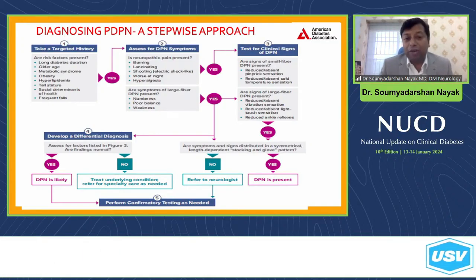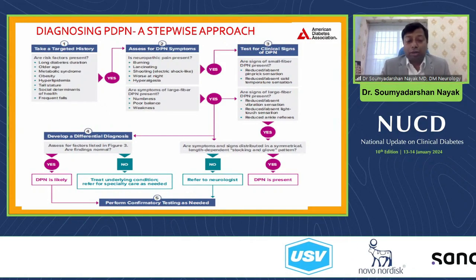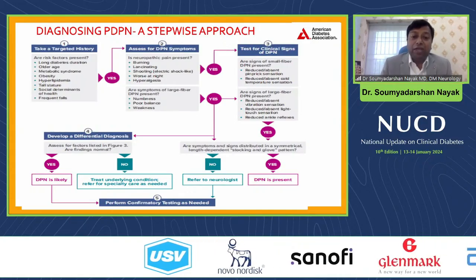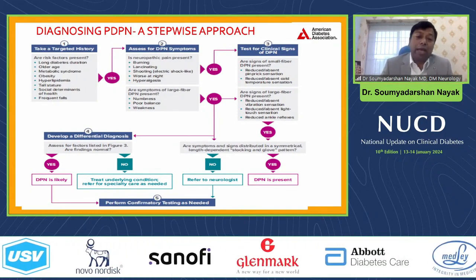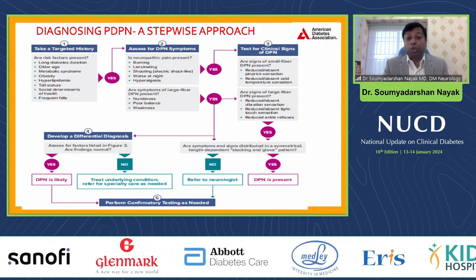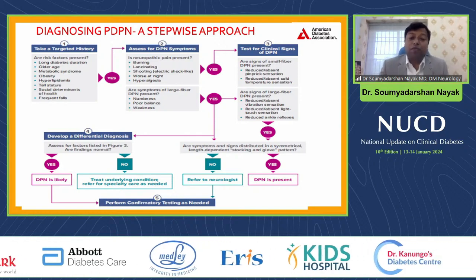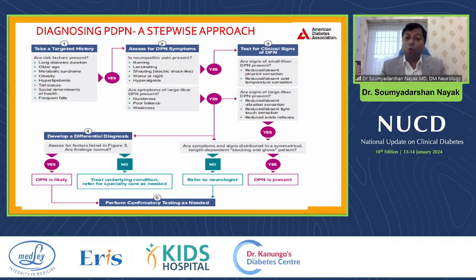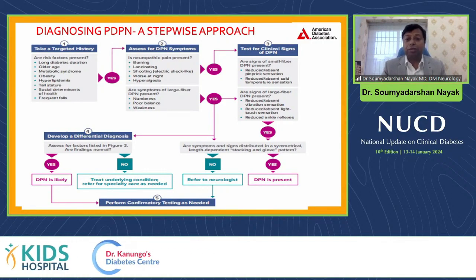If you have a small fiber neuropathy, you may have burning or pricking pain in the feet or hands. If it's a lancinating or shooting pain, you may well be looking at the radicals or the plexus. Ask whether it's worse at night, and about any numbness, poor balance, or weakness. Then a focused clinical examination, which we will touch upon later.